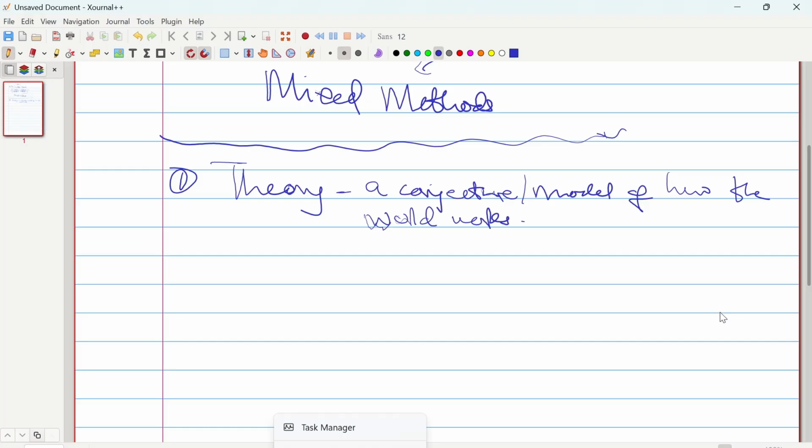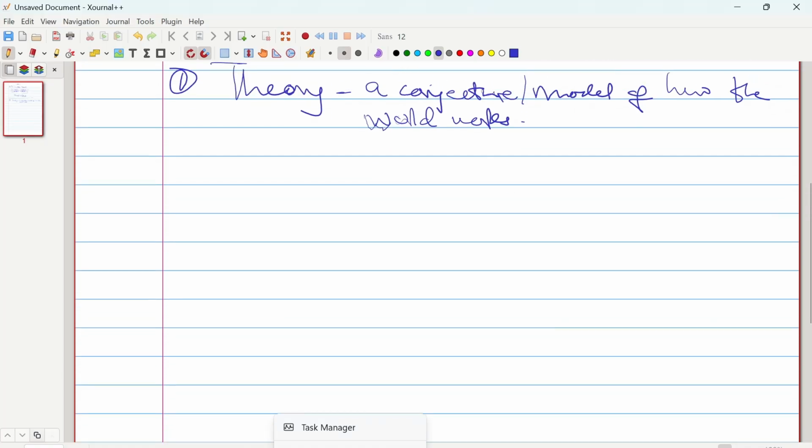Now, when we have some theory of how the world works, we want to move from there into some statements that we can actually test to know whether our theory is true or false. And that leads us into what you might have heard before called hypothesis. A hypothesis is basically a statement that is falsifiable, for which we can know whether your theory is true or not.